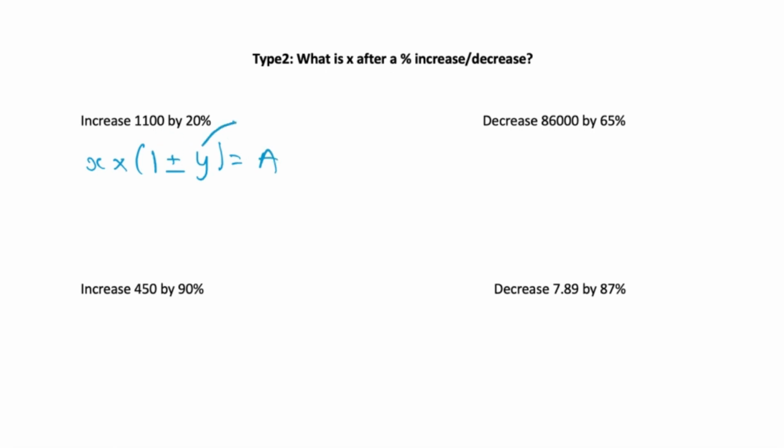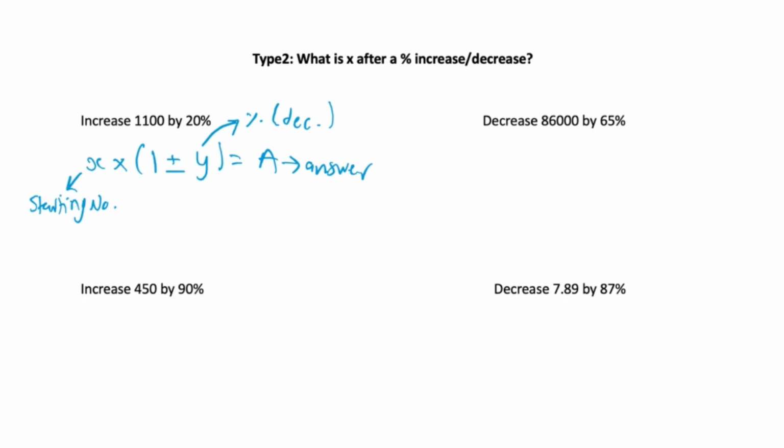Y is a percentage in decimal, of course. The percentage has to be in decimal, and X is the starting number. Using this formula, you'll be able to solve all these questions easily.